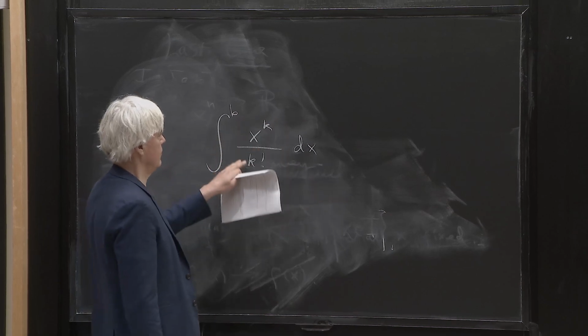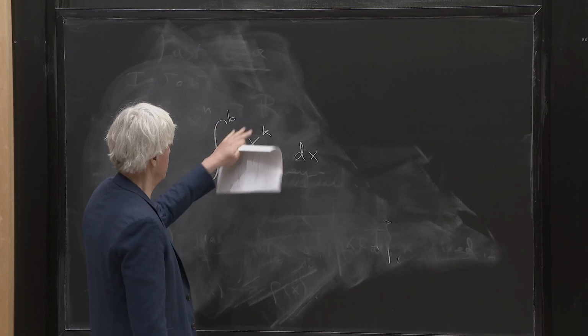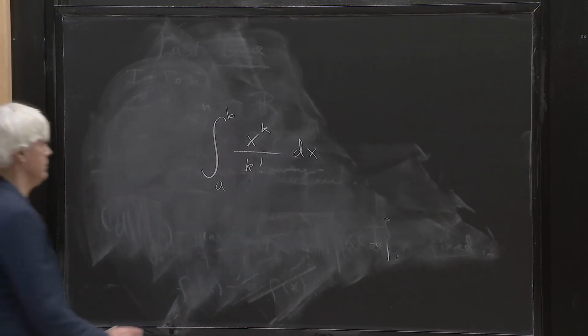You're trying to look for a function whose derivative is this, and such a function is often called the antiderivative.